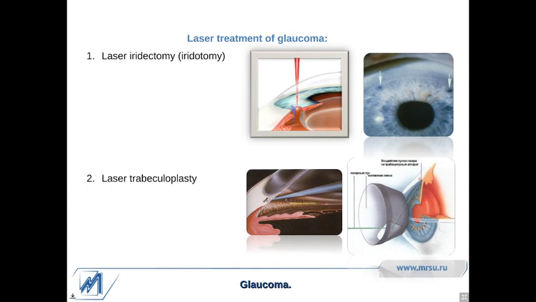When we speak about the treatment, we need to say not only about medical treatment, but also about surgical treatment. And firstly, about laser treatment of glaucoma. First, it is laser iridectomy. We spoke about secondary glaucoma with a block of pupil, and laser iridectomy is used here.